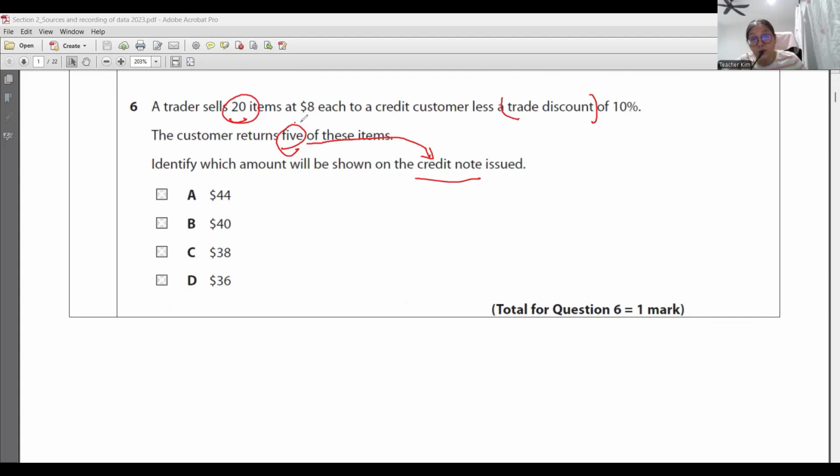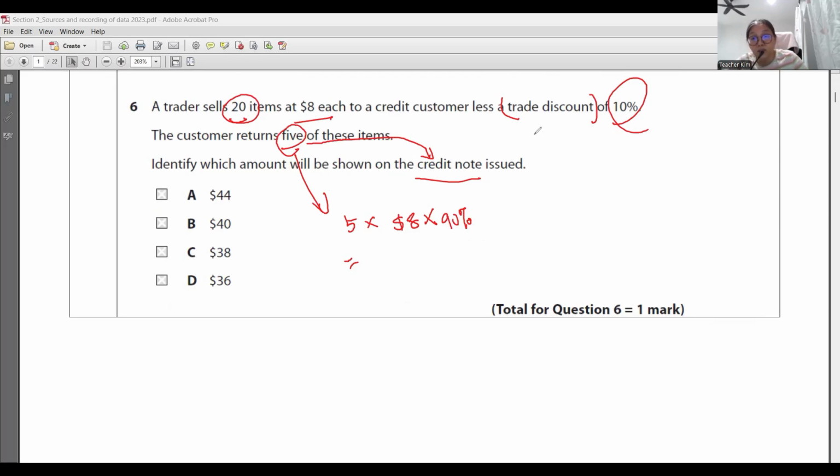We bought at 8 each less 10%, so when we return, we take 5 times $8 each, times 90%, because the trade discount is 10%.